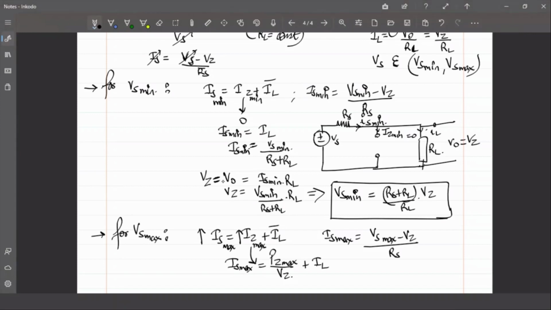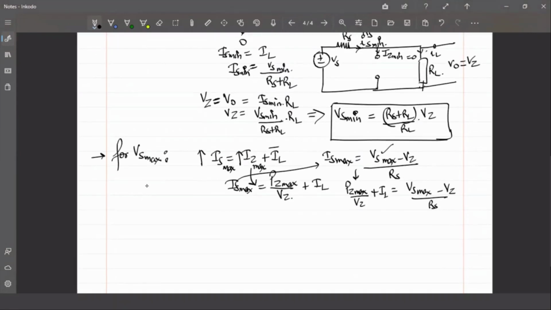If I substitute this value and want to find Vs max, I substitute the value of Is max here. So this equation, Is max, Pz max divided by Vz plus IL, should be equal to Vs max minus Vz divided by Rs.